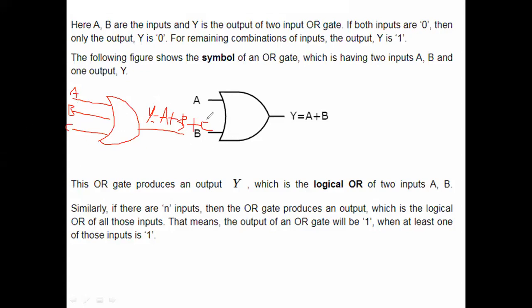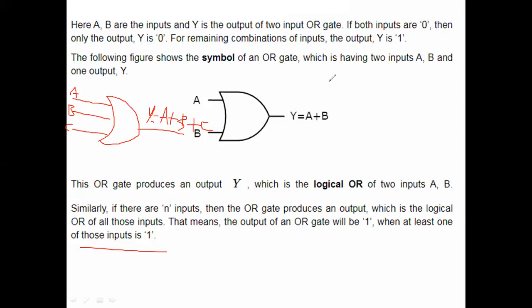Then Y is equal to A plus B plus C plus and so on, up to n. That means the output of an OR gate will be 1 when at least one of those inputs is 1. At least one of those inputs is 1. This is the OR gate.